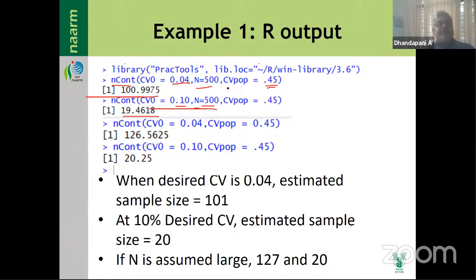In that case, instead of the population size, you are going to have the stratum size, and you will be giving CVs for each stratum, as many CV values as there are strata. And for other sampling designs also, you can get the sample size. So this is one way of estimating the sample size.